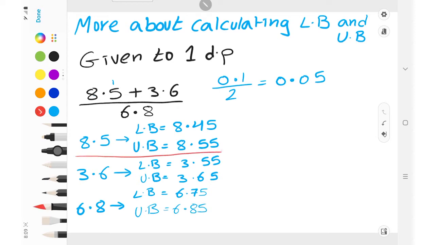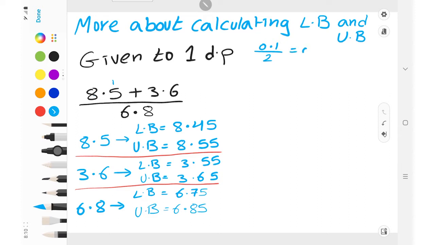I want to put a line so you will not get confused. Okay, now we'll do the lower and upper bound. So here it's 0.1 divided by 2, which is equal to 0.05.